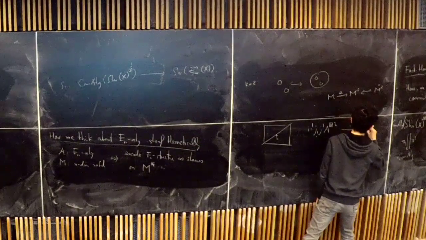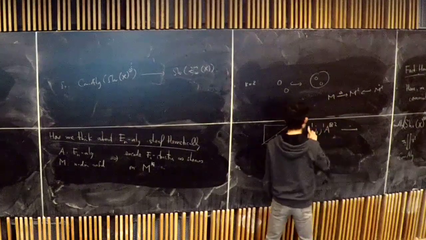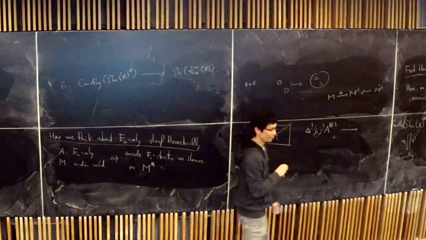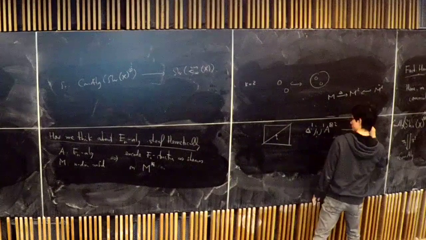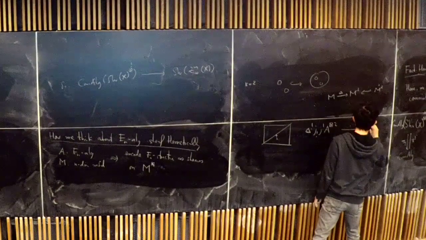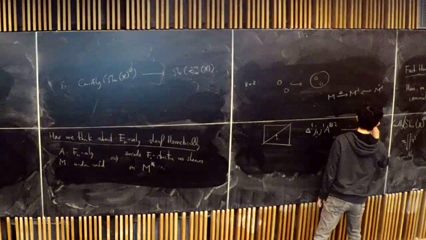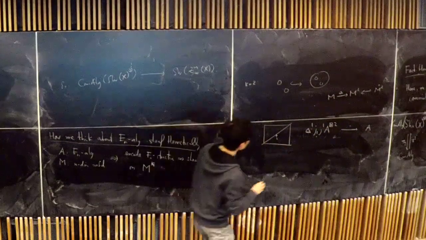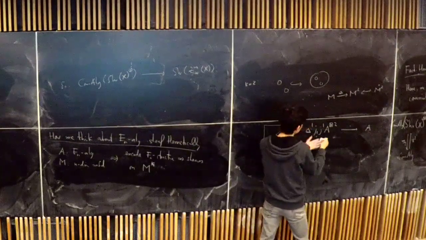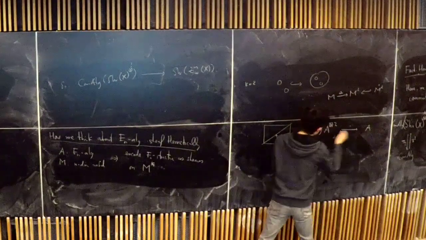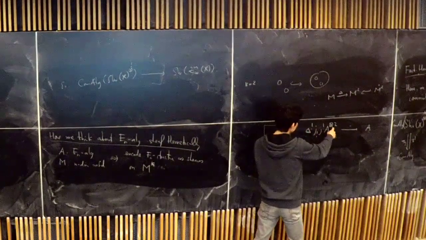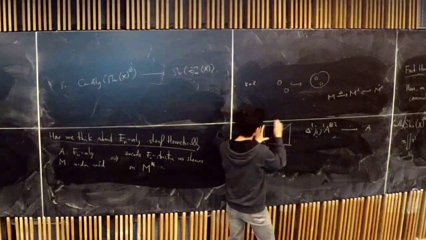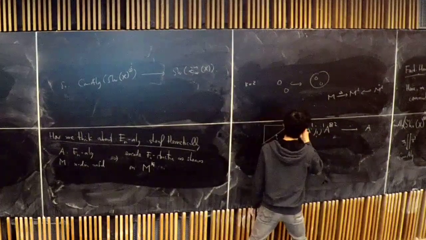Sorry, is that i or delta? Thank you. A map like so. So I put A as a constant sheaf on N, and then I want to glue this A on the diagonal with this A box tensor 2 on the complement of the diagonal to get some sheaf on N squared.